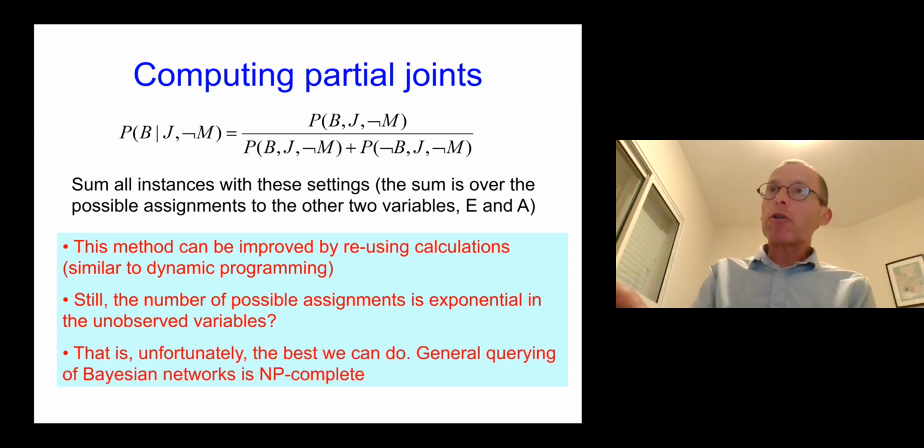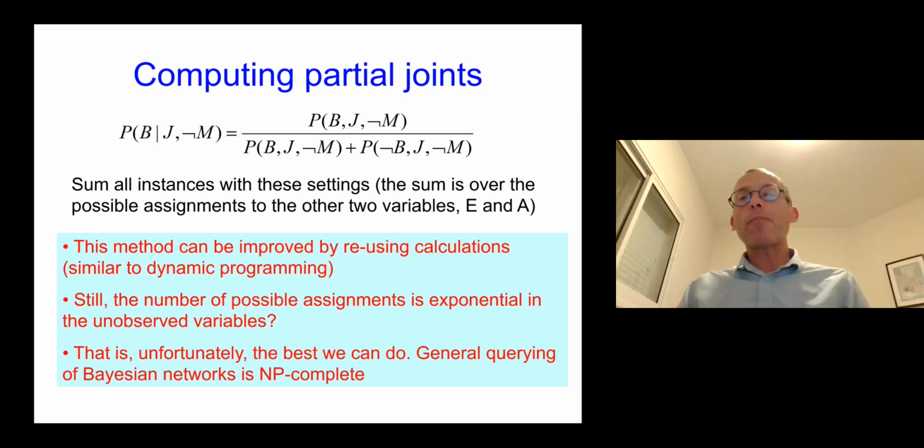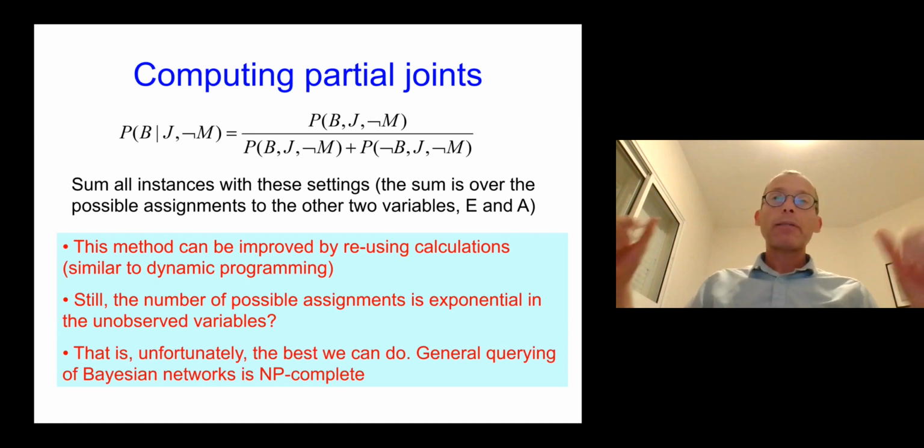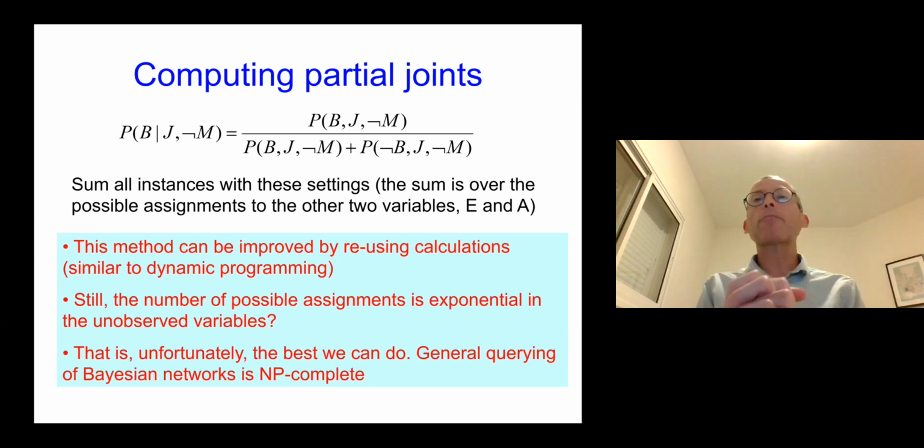The answer is, unfortunately, that unlike other cases, for example in naive Bayes or support vector machines where we use gradient descent and if we make assumptions, in general, doing inference in a Bayesian network is NP hard.